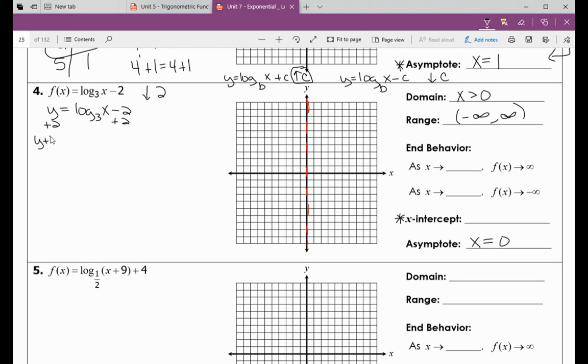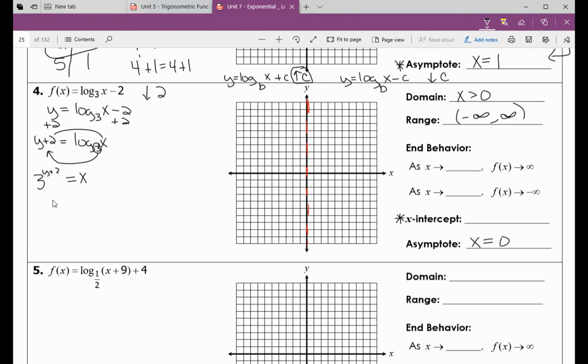So I get y plus 2 equals log base 3 of x. And then I'm going to rewrite this: grab your base, raise it to that power. So 3 to the y plus 2 power equals x.